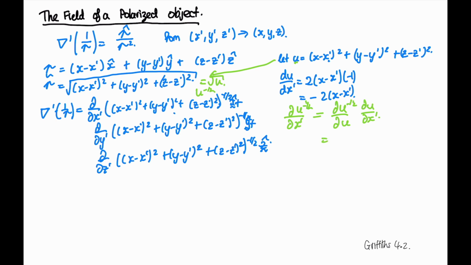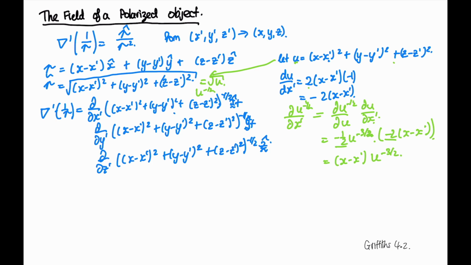So when we're differentiating u to the minus 1/2 with respect to u, that's going to be equal to minus 1/2 u to the minus 3/2. And then we need to multiply by du dx prime, which is minus 2 times x minus x prime. And so when we multiply these, we end up with plus 1. So this is equal to x minus x prime times u to the minus 3 on 2, where u is this thing up here.